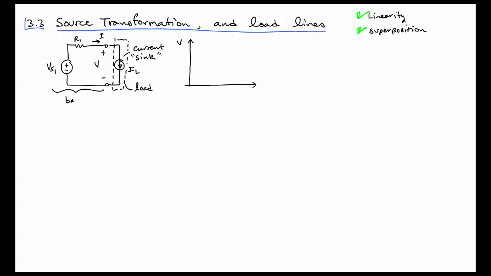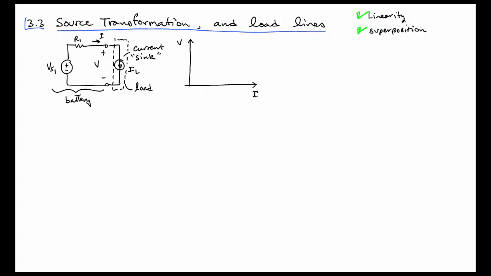Then what would the output voltage of this real battery be as we start demanding some current from it? See, I is directed to the right, and if this were a battery on the left, then that current is actually the current the battery would supply to the load.